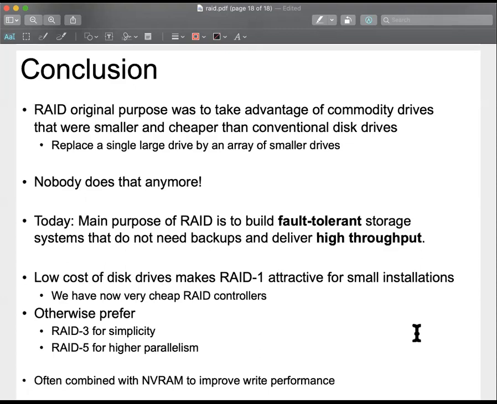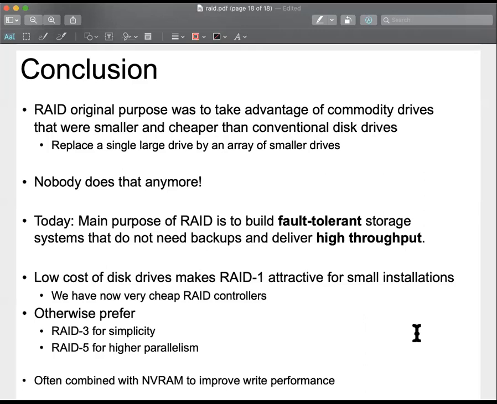You can buy large disks, but then the speed of accessing data is very important, and reliability is important. So people want instantaneous backup. You don't want to do a nightly backup, which will take hours and hours to complete. So RAID can give you instantaneous fault tolerance and high throughput.